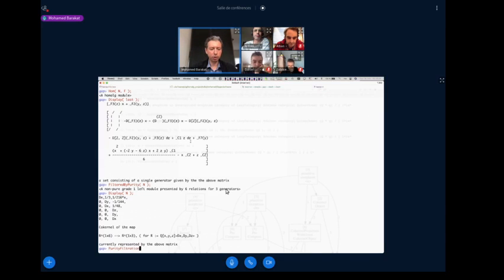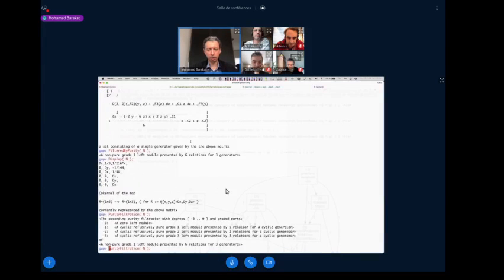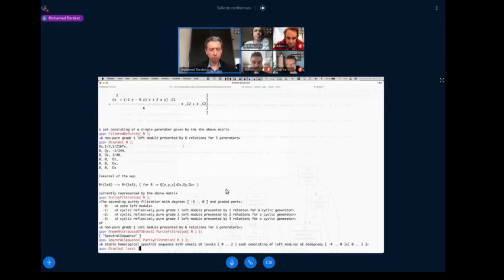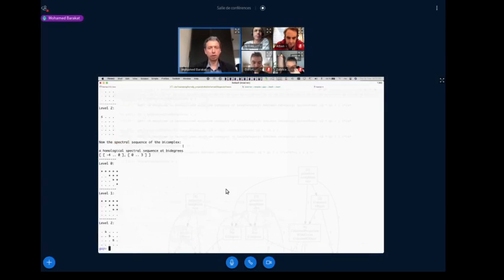So the purity filtration of n is this one. These are the graded parts, and there is, I think, I don't remember how to call the spectral sequence. Yes, so just the spectral sequence of this. In the background, he was computing this thing.